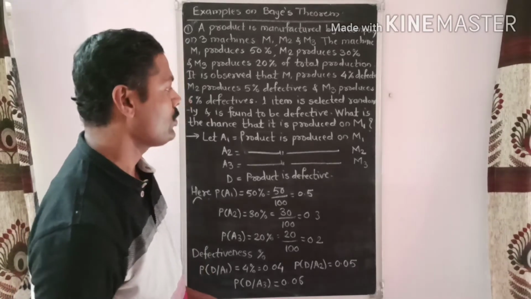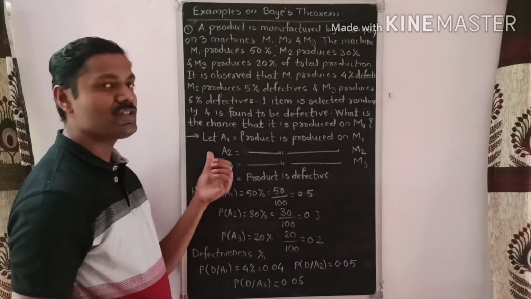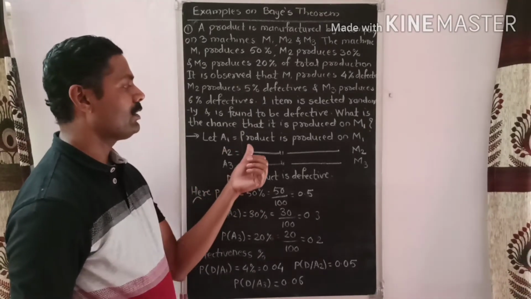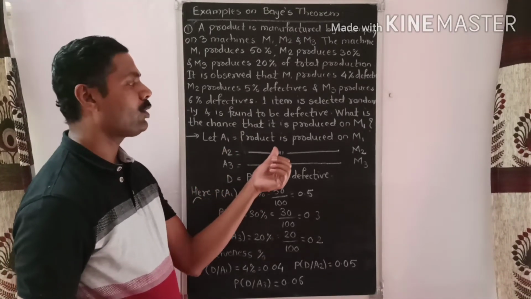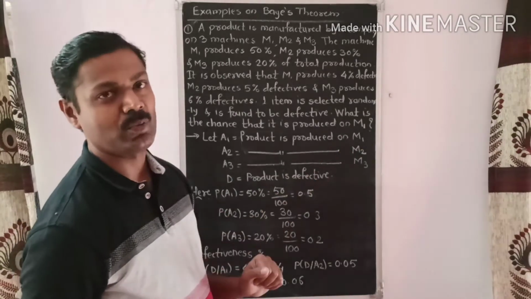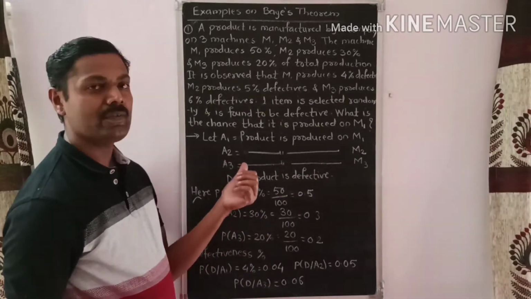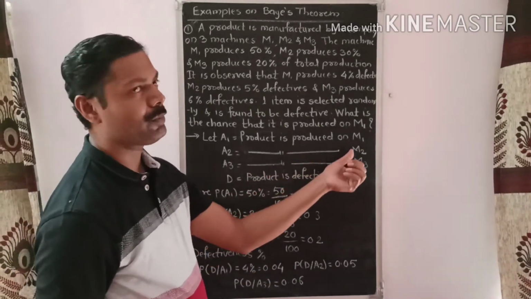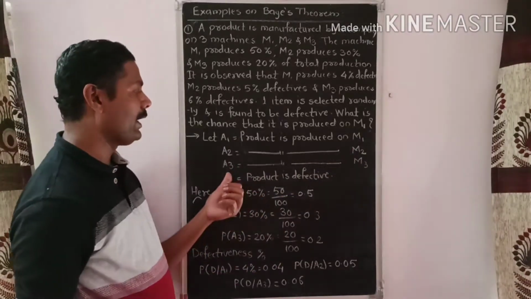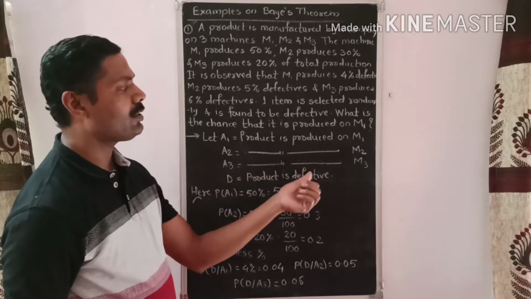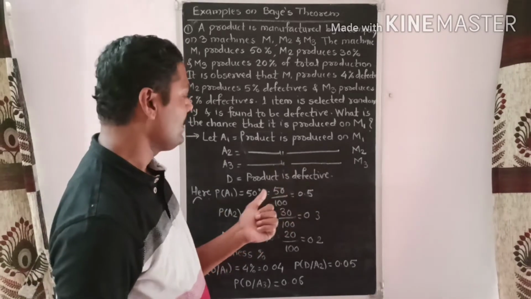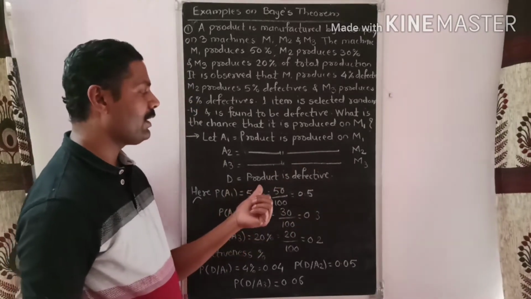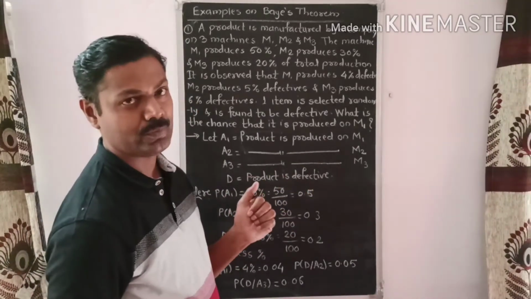Let us consider A1 the event that the product is produced on machine M1, A2 the event that the product is produced on machine M2, A3 the event that the product is produced on M3, and D the event that the product is defective.